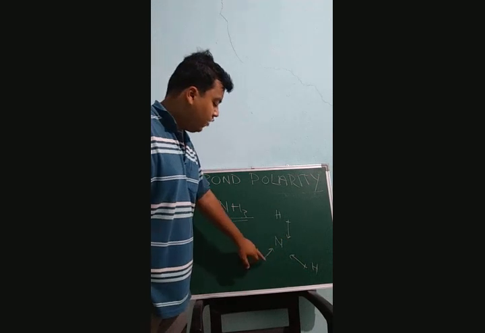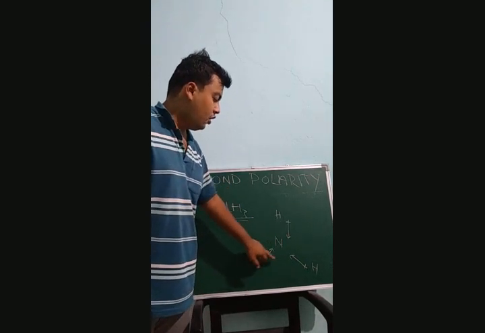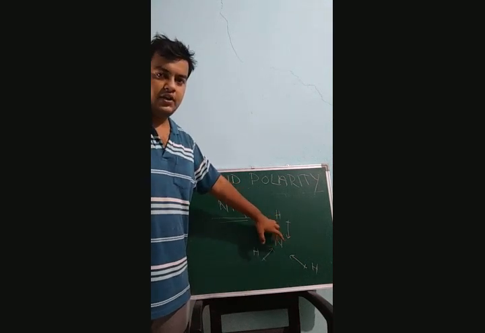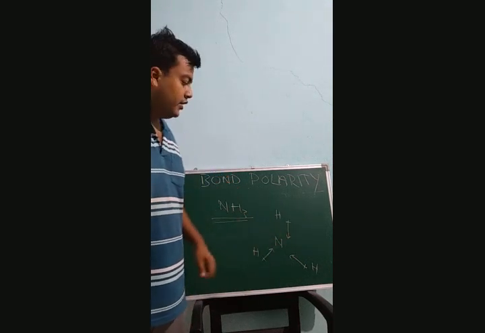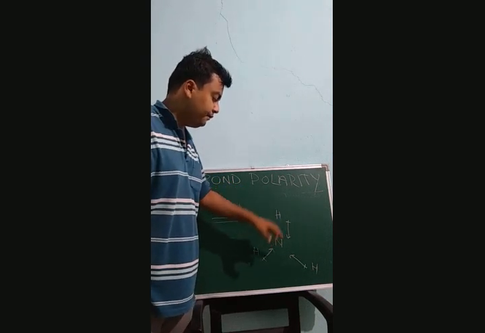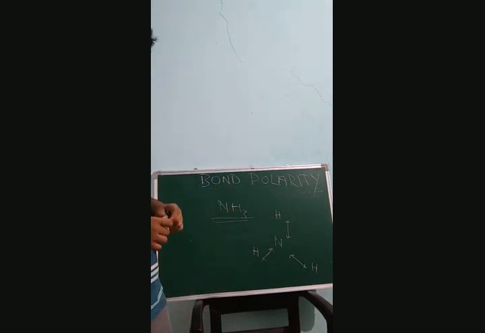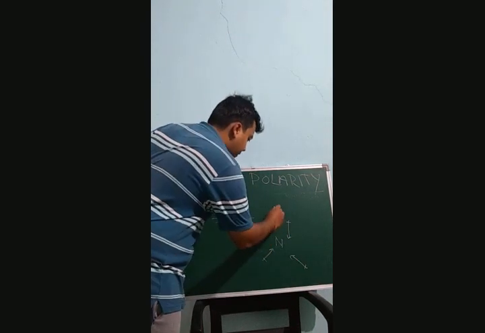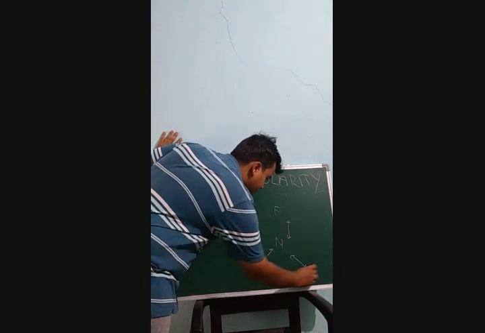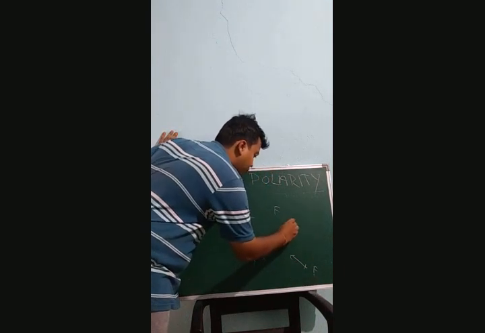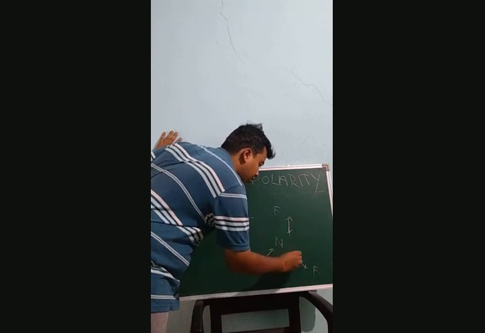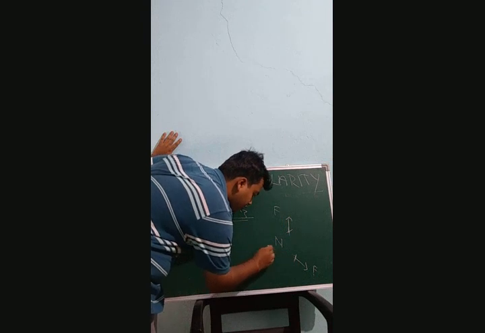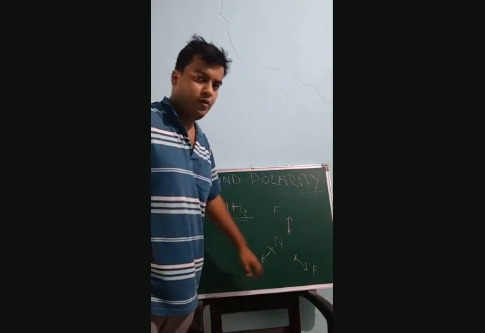So the resultant of all the three dipole moments will be in the same direction as the lone pair of electrons. So the net dipole moment will not be zero. In case of NF3, the direction was towards fluorine, so the net dipole moment was zero.